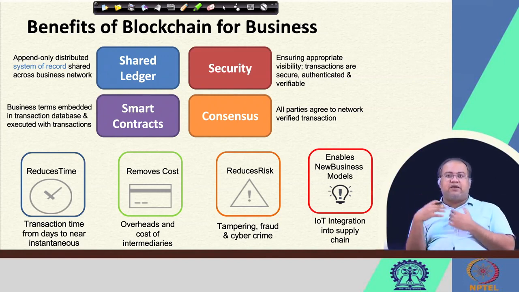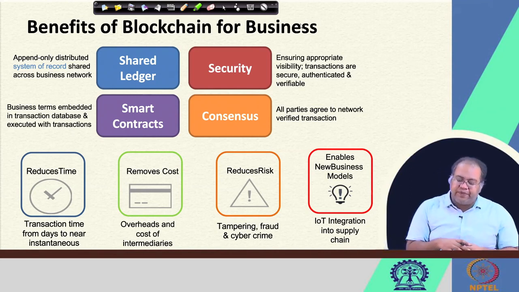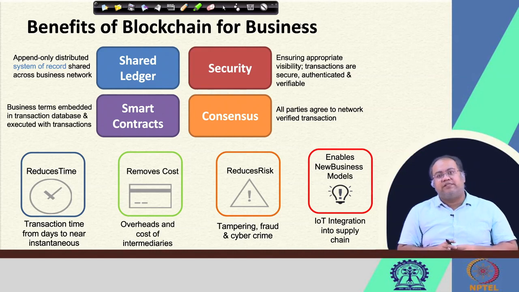Say for example, you are transferring onions in transportation, and if the condition of the onions gets bad, the smart contract can trigger redirection of the vehicle, so that the onions can be delivered to nearby places to reduce the possible wastage of the product. So, that way you can enable new types of business models with the help of blockchain.